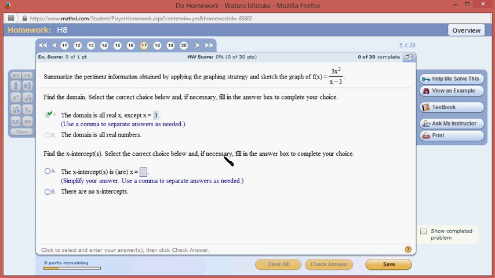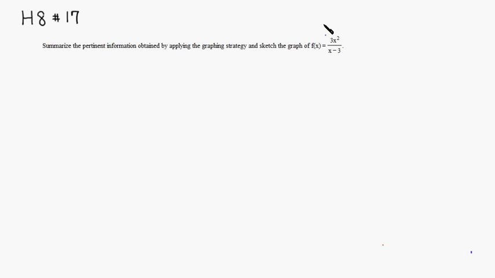Let's find the x-intercept. In order to find the x-intercept, we set the whole function equal to 0. Whenever we want to find the x-intercept, we basically set y equal to 0, but y being the whole function. So we set 3x squared over x minus 3 equal to 0.